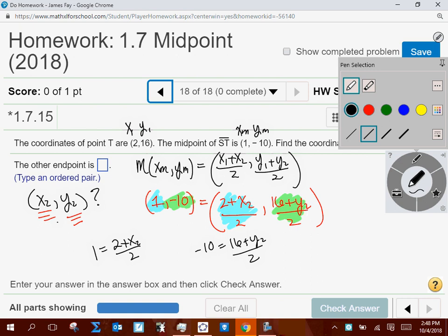So if I set those up, my hope is, guys, that we're at the level of algebra right now that solving those is not the task that's making us miss this. Okay? We should be able to say this is 2 equal to 2 plus x sub 2, right? Subtract 2 from both sides, x sub 2 equals 0. Here I get negative 10 equals 16 plus y sub 2.